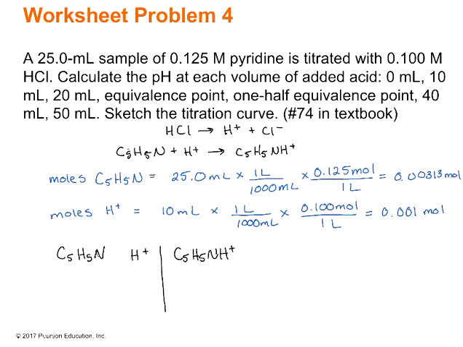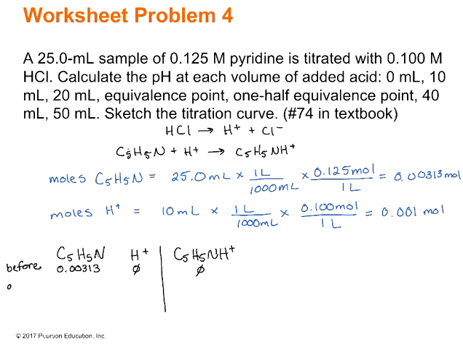Okay, so before the addition of acid, we had 0.00313 moles of pyridine. We didn't have any moles of hydrogen ions or moles of our conjugate acid.